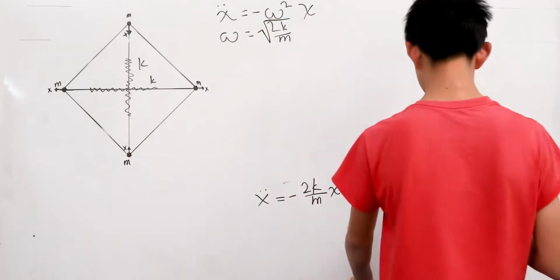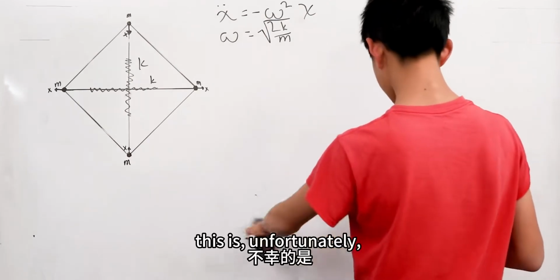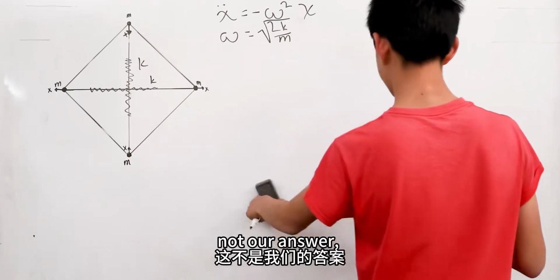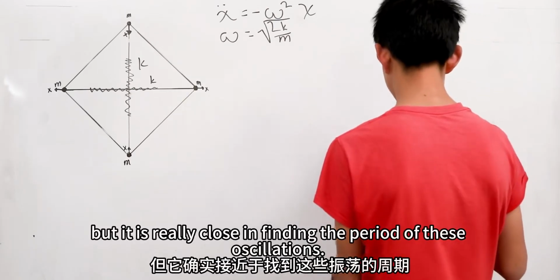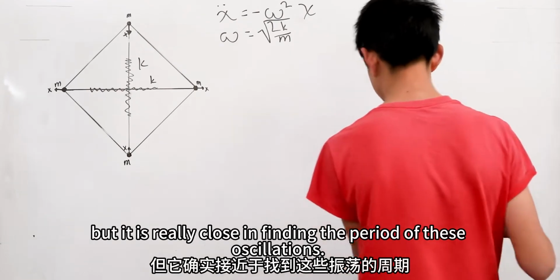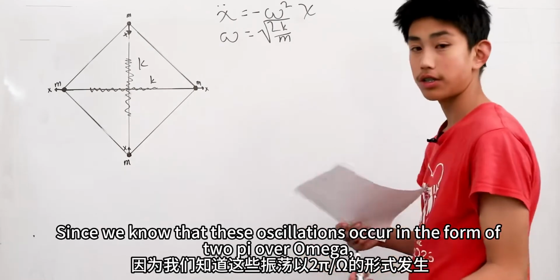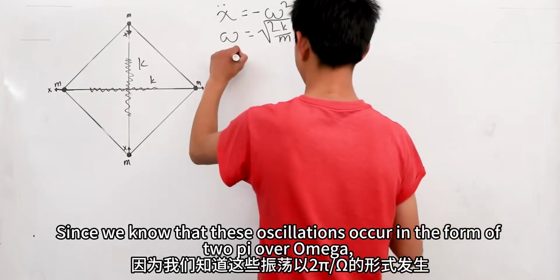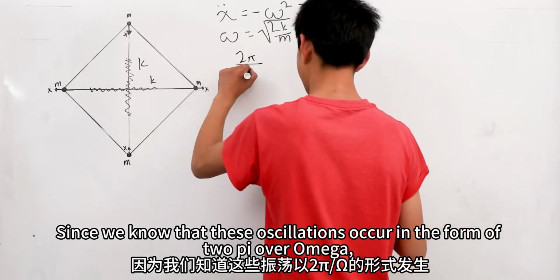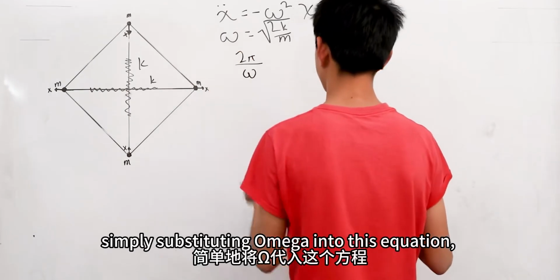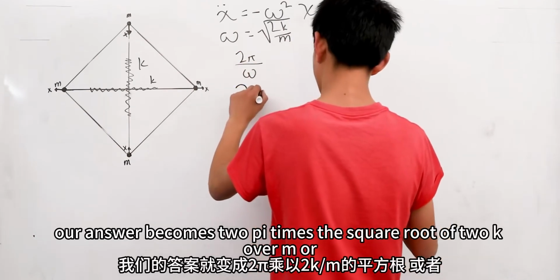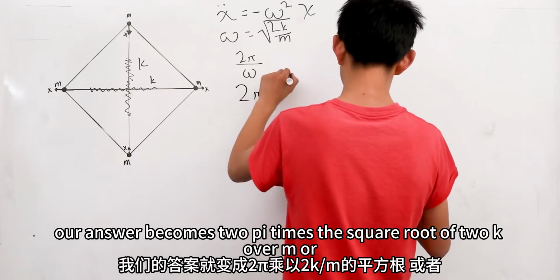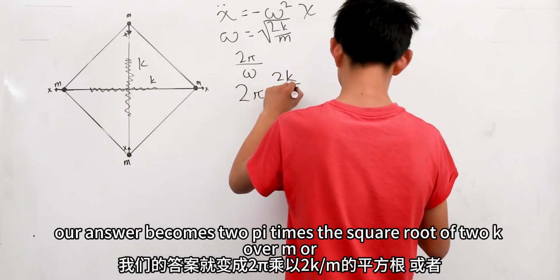This is unfortunately not our answer, but it is really close in finding the period of these oscillations. Since we know that these oscillations occur in the form of 2 pi over omega, simply substituting omega into this equation, our answer becomes 2 pi times the square root of 2k over m.